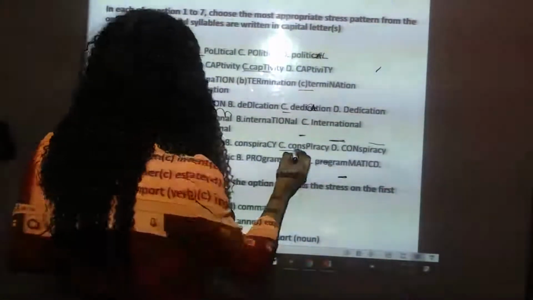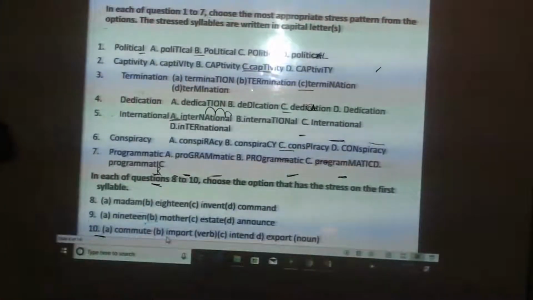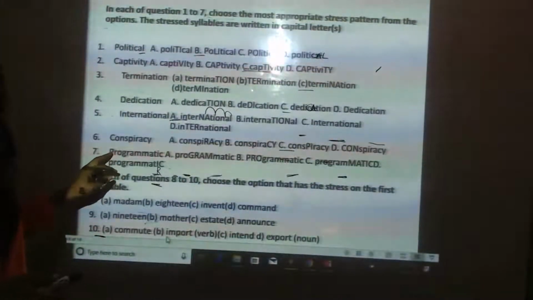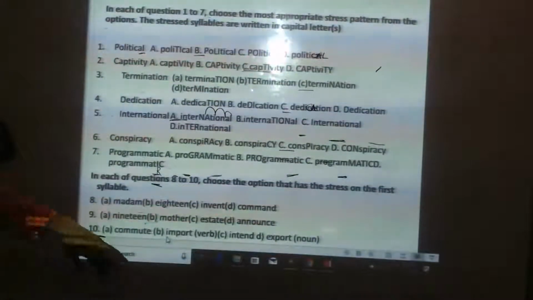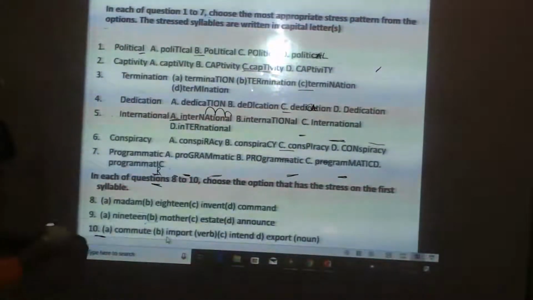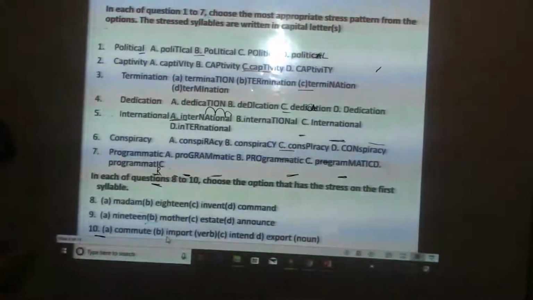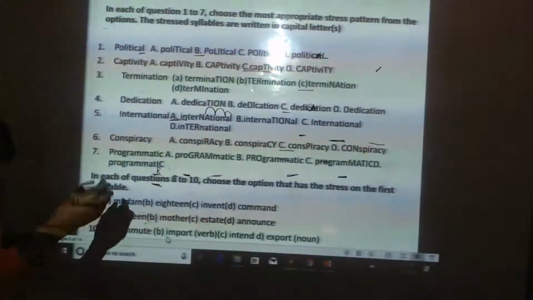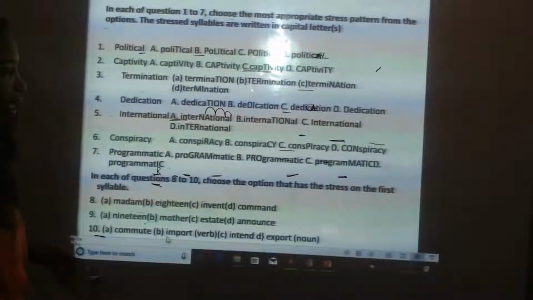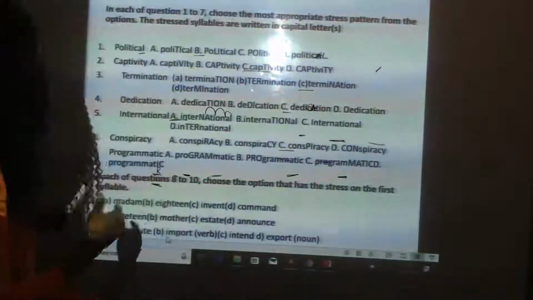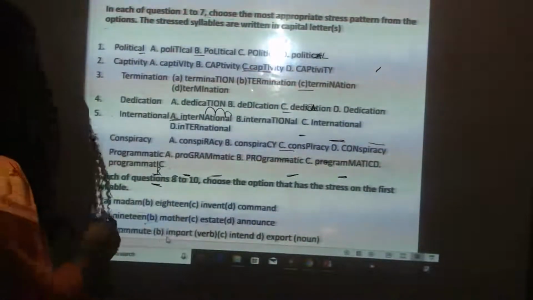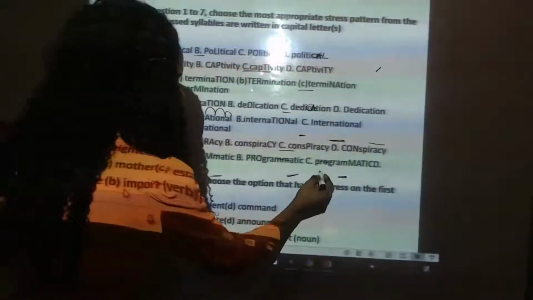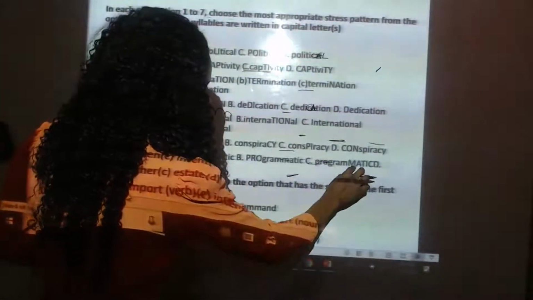That means it is our answer. The last one on this part is programmatic, and TIC is ending with IC. And we said that any word that ends with IC should carry its stress from the second to the last syllable. And second to the last here is MA, programmatic.